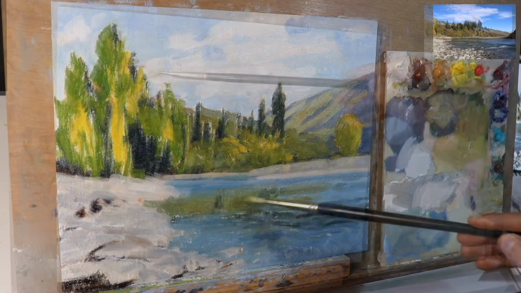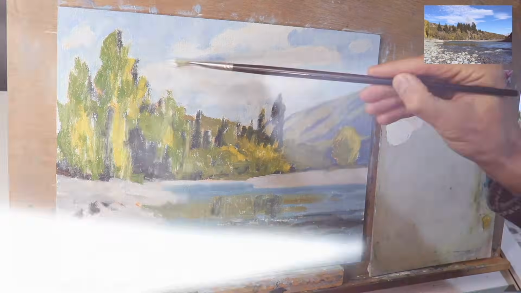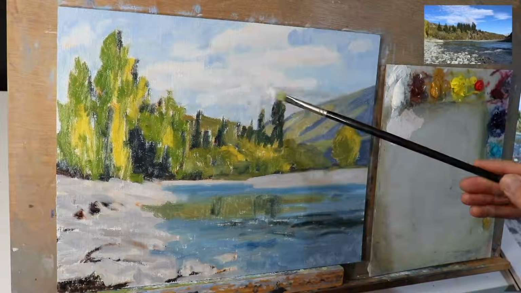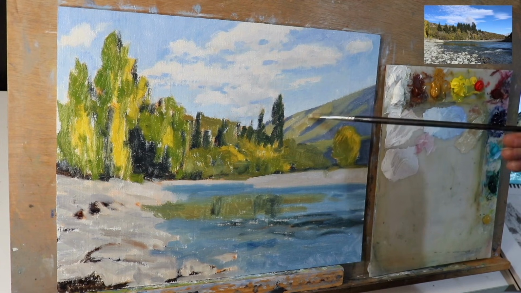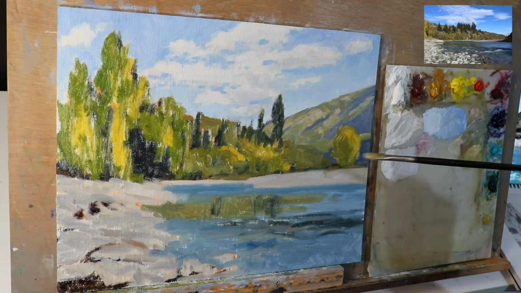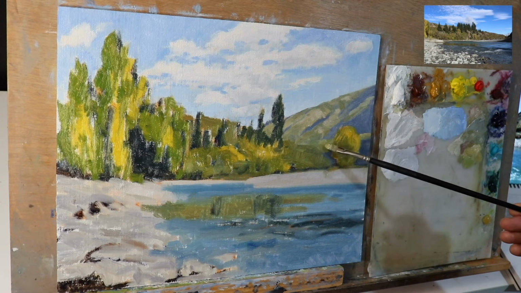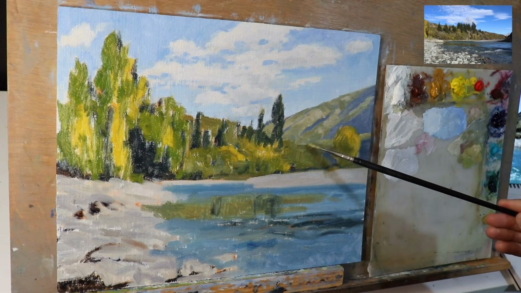So for the blue, I mixed combinations of ultramarine blue, a little phthalo green, yellow ochre and titanium white. Then I left some areas blank where I used the colours that I used for the trees in the midground in the water, so that this is going to convey still areas of water where it's directly reflecting those trees in the background.